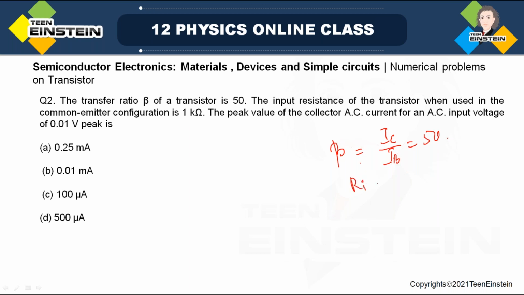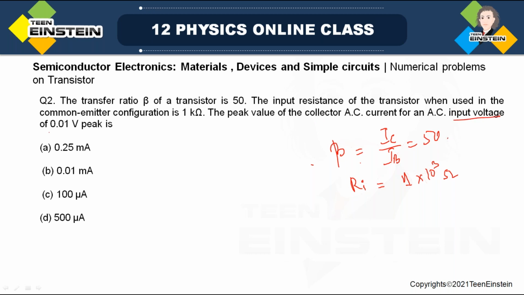Let us write Ri is 1 kilo ohm or 1 into 10 to the power 3 ohm. This is given. Now you have to find out the value of peak of the collector current of an AC input voltage.